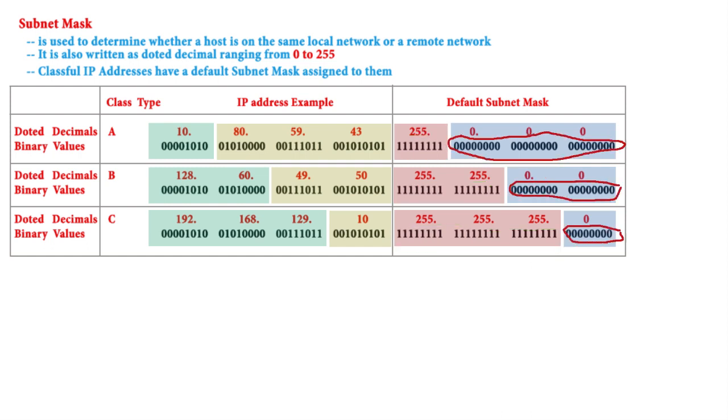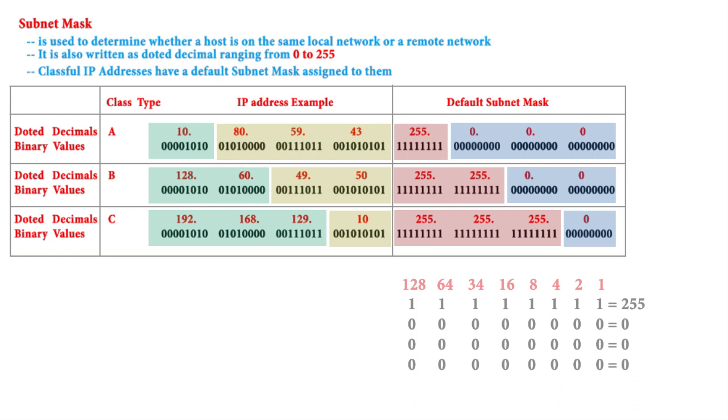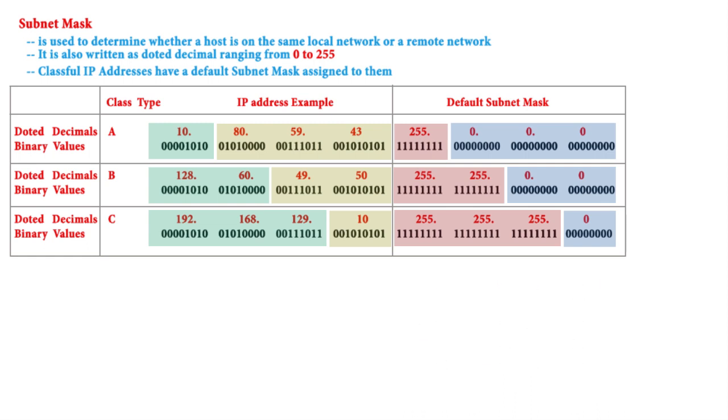This means that, for a Class A address, 8 bits are used as the network ID and the rest are used for the host ID. Converting these bits into decimal, we have 255.0.0.0. With this, we can conclude that the network ID for this class is this part, and the host ID is this.